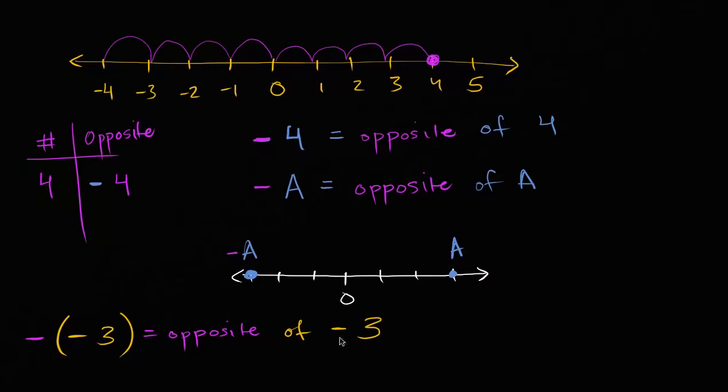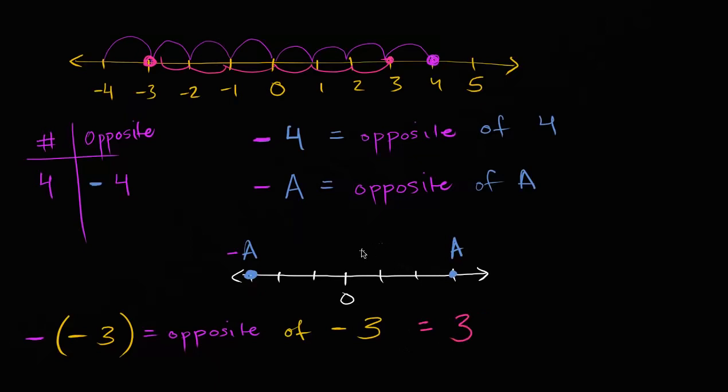So what's the opposite of negative 3? Well, negative 3 is 3 to the left of 0. 1, 2, 3. So its opposite is going to be 3 to the right of 0. 1, 2, 3. So it's going to be positive 3. So this is equal to positive 3.